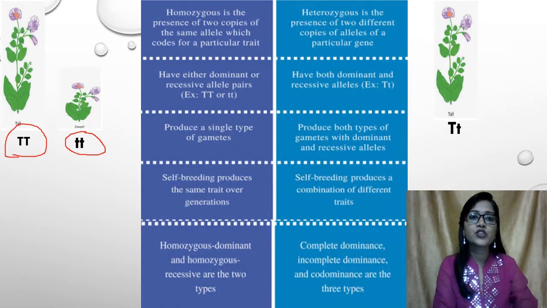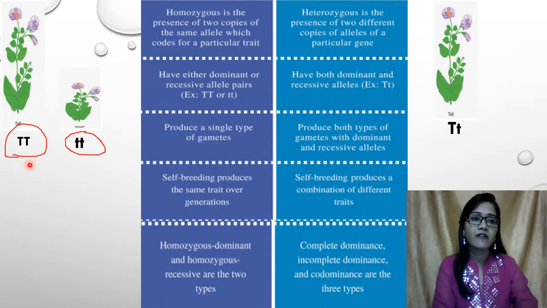Homozygous is the presence of two copies of the same allele which codes for a particular trait. So they have the same allele, capital T or small t. These are the two copies of the same allele they carry. They have either dominant or recessive allele pairs.